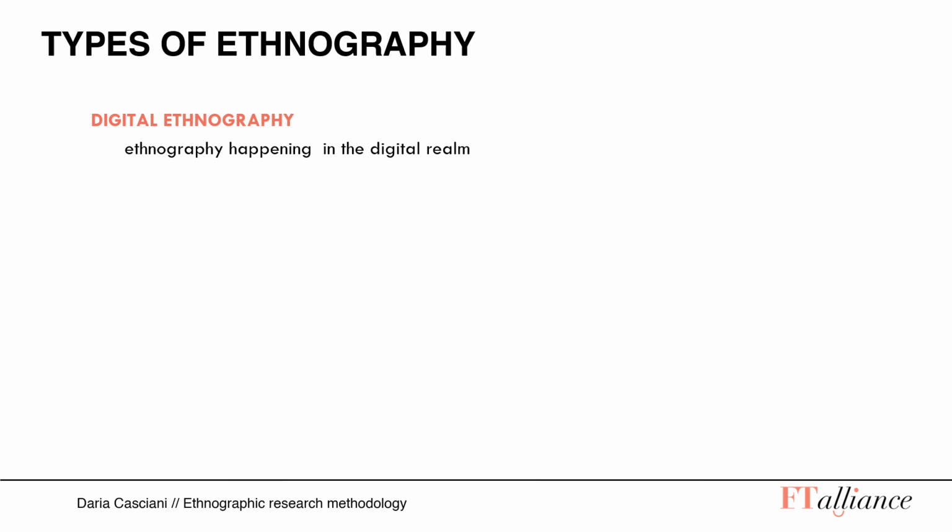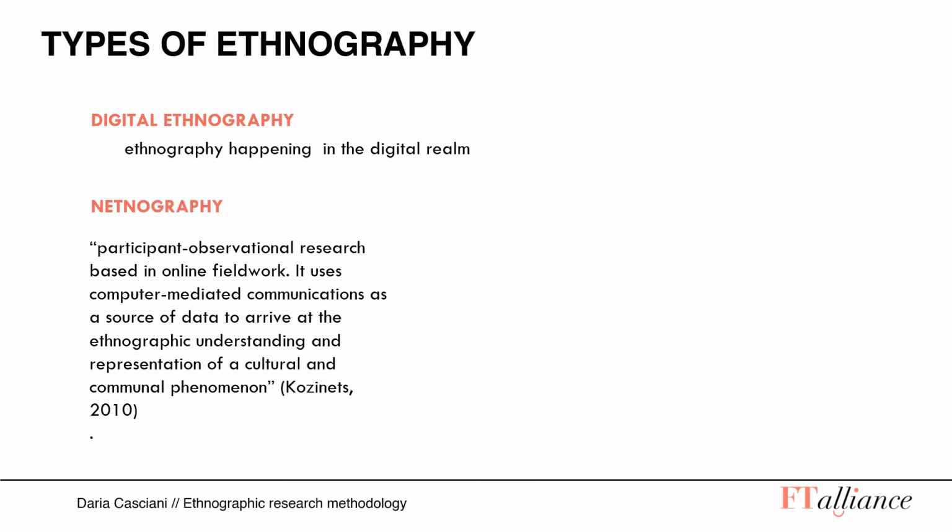Digital ethnography tackles this digital dimension where activities such as social interactions and cultural space are also happening in the digital realm, and it is important to consider them in the studies. Participant observational research, which is based in online fieldwork, is using computer-mediated communication as a source of data that arrives at an ethnographic understanding and representation of a cultural and communal phenomenon.